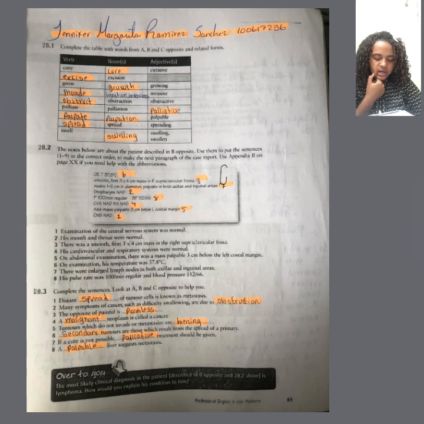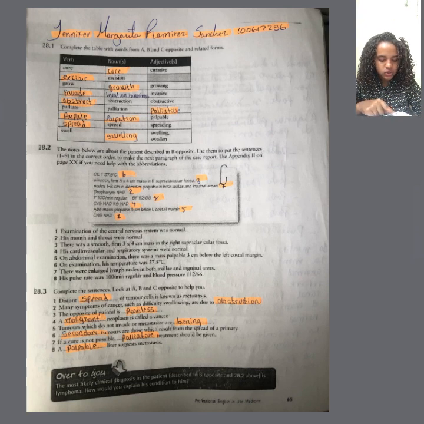Complete the sentences. Look at A, B, and C opposite to help you. Number 1. The spread of tumor cells is known as metastasis. Number 2. Many symptoms in cancer, such as difficulty swallowing, are due to obstruction. Number 3. The opposite of painful is painless. Number 4. A malignant neoplasm is called cancer.